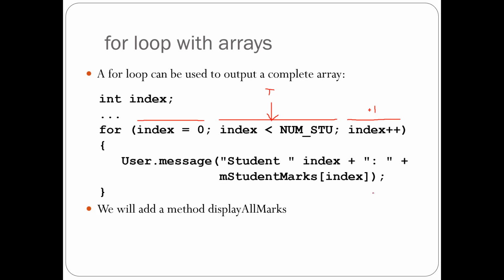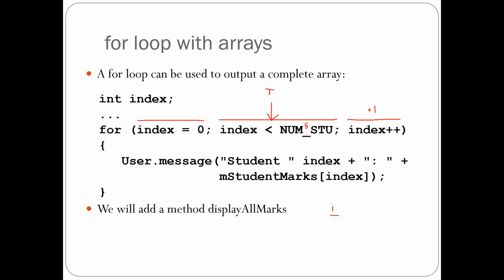So we start at 0, we keep going as long as index is less than the value of number of students, which we know from what we've seen before is 5, and the value of index goes up by 1. So if you imagine how this is working, the first time it goes through, let's use I for index.